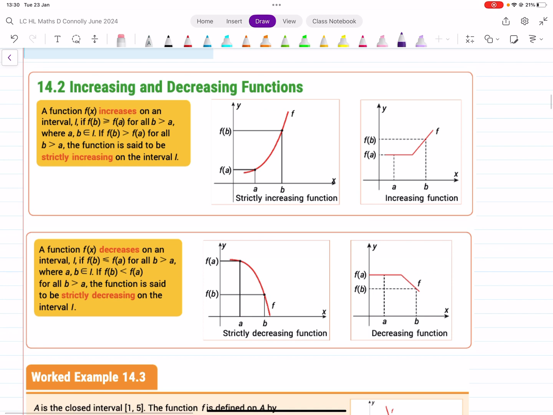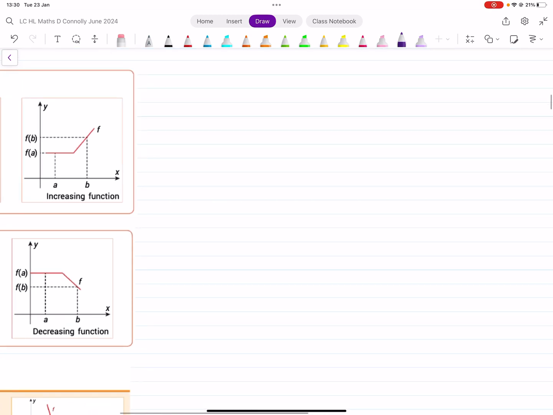And this is the other thing I want to talk about. So increasing and decreasing functions. So essentially, okay, if you've got a function, so here's your x and here's your y. If you've got a function, say like this, yeah?